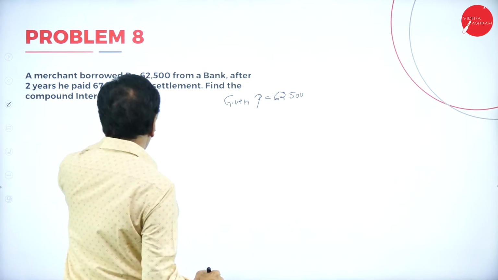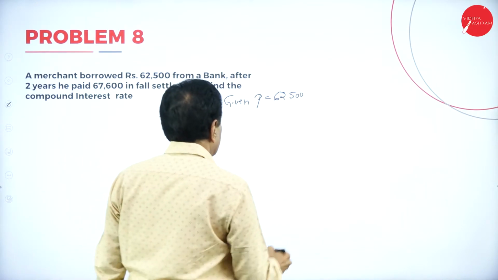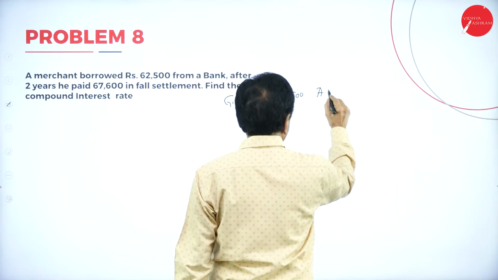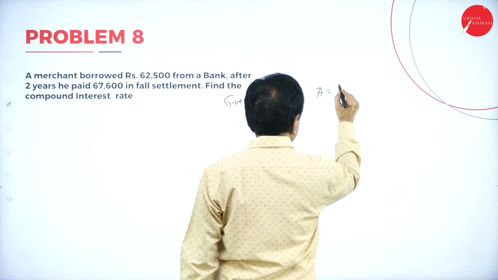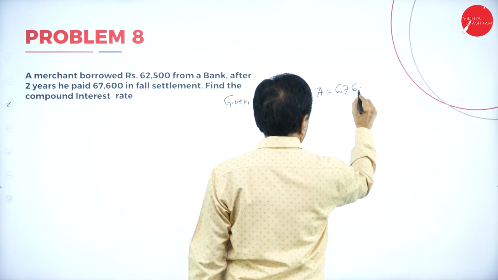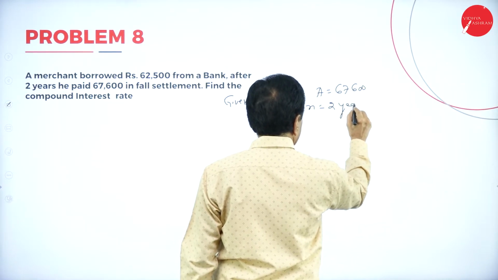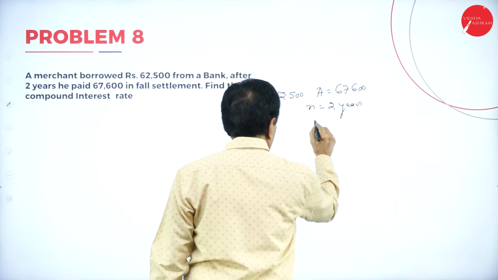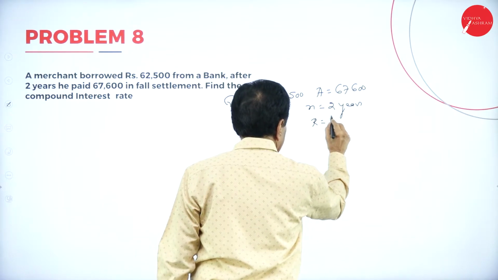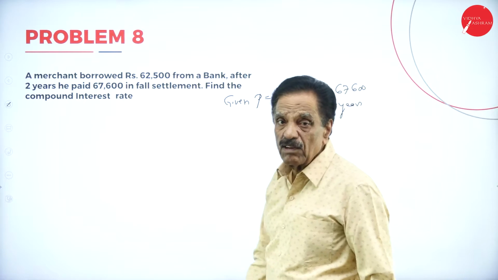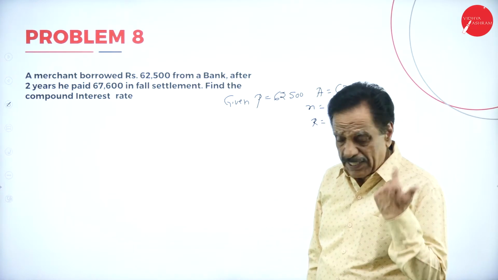He invested 62,500, and the amount is 67,600 after 2 years. N is 2 years. R is equal to what? Question mark. He wants to know what the rate would have been.